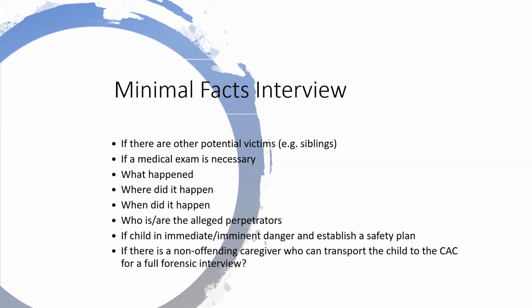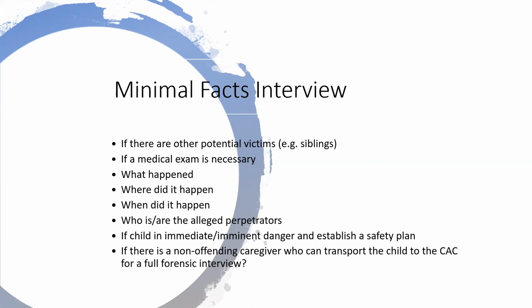Really, a minimal facts interview is going to answer these basic questions: where, when, who, and possibly how. The where refers to where did the event happen, what happened, when did it happen in a general timeline, and who is or are the alleged perpetrators.